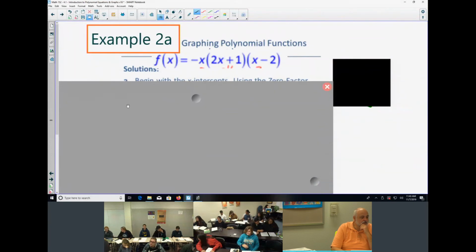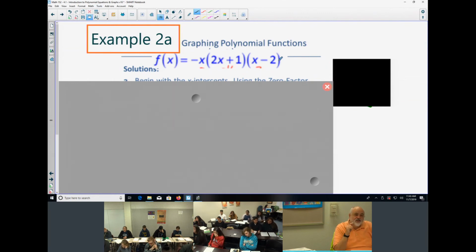All right. So let's say that we want to graph a polynomial. Okay, so the first thing I want you to do when you're graphing a polynomial is think of the end behavior, like what we just did from the function dance. Okay, now here they're factored, which in some ways is good, some ways is bad.